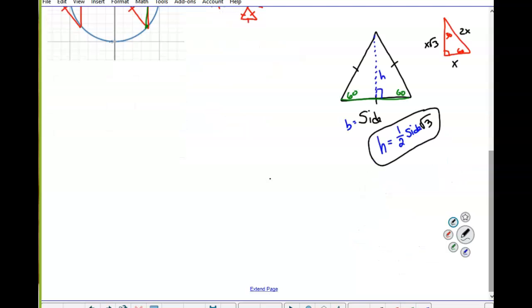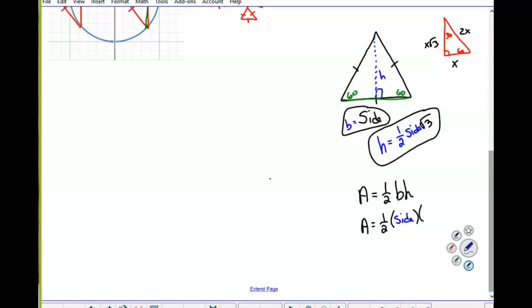So let's just look at the area now. The base is the side length and the height is 1/2 the side times the square root of 3. It's still a triangle, so 1/2 base times height. The base is what we call the side. And the height was 1/2 the side times the square root of 3.